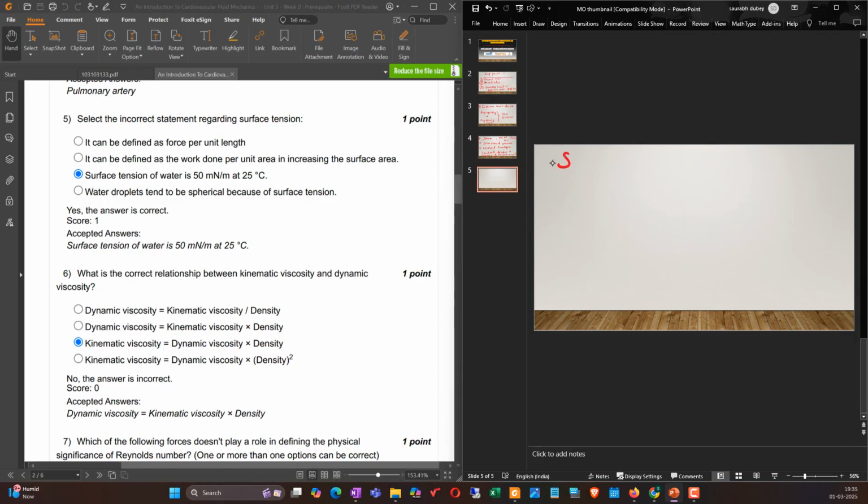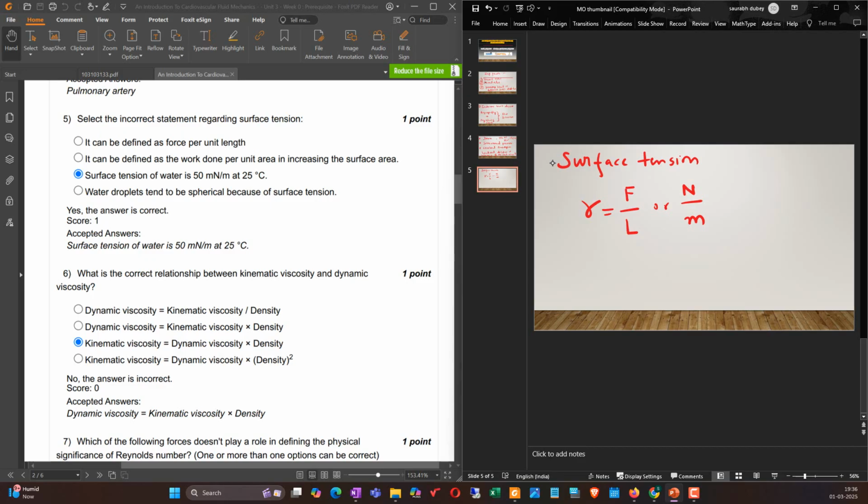surface tension is gamma, which is force per length. Okay, so force is what? Newton, per length in meter. So it can be defined as the work done per unit area in increasing the surface area.